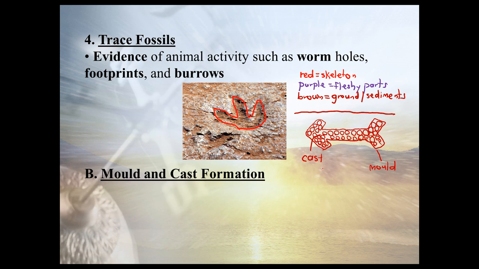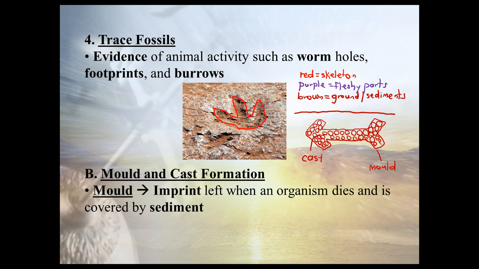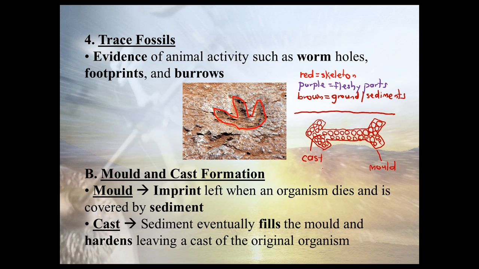So let's just summarize the mold and cast formation. So a mold is an imprint left when an organism dies and is covered with sediment. Specifically, the organism dies, it's covered with sediment, and that skeleton dissolves away, leaving that hollow portion. And then, eventually, sediment starts to fill in the hollow portion of the mold.